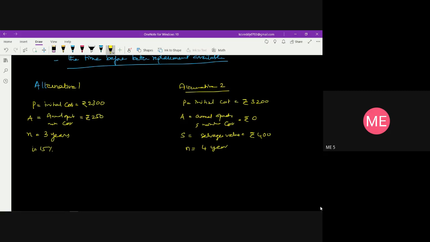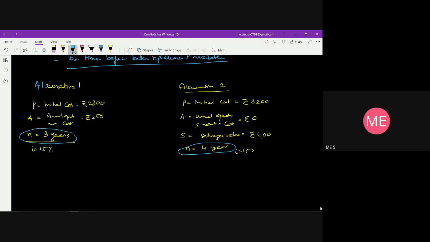Of course, the rate of interest I is 15%. One has N equal to 3 years and the other N equal to 4 years, so these are unequal lives.